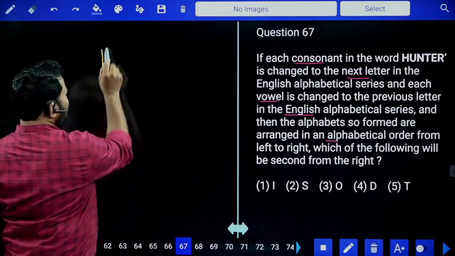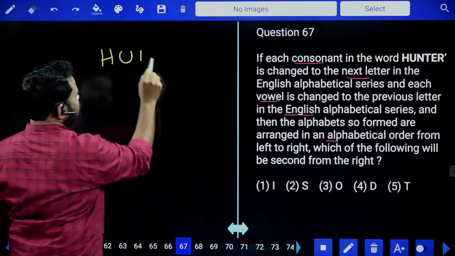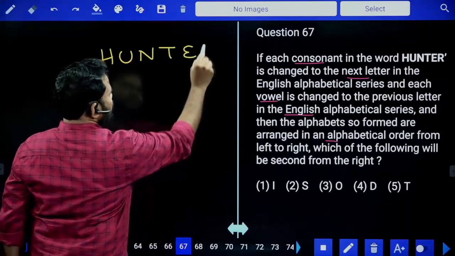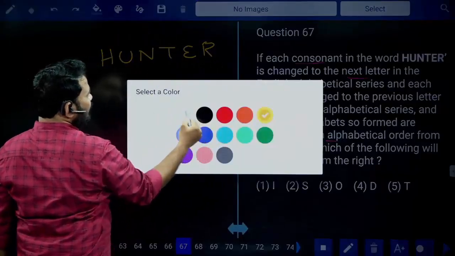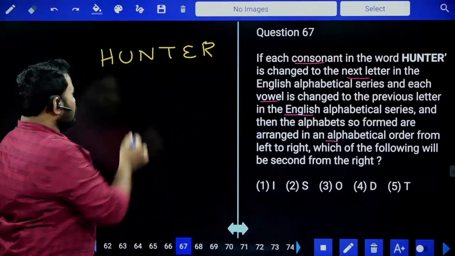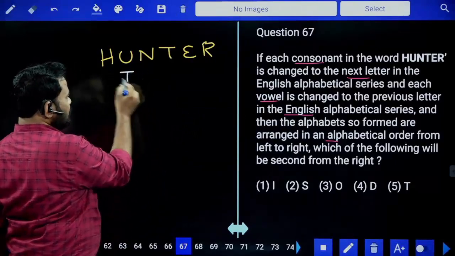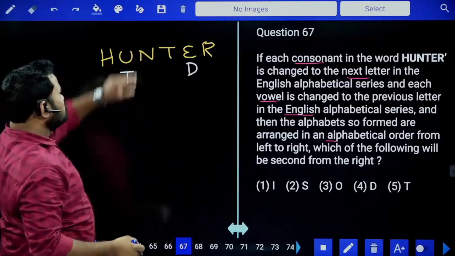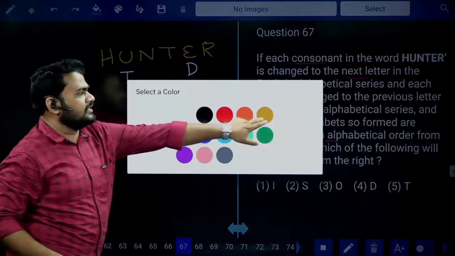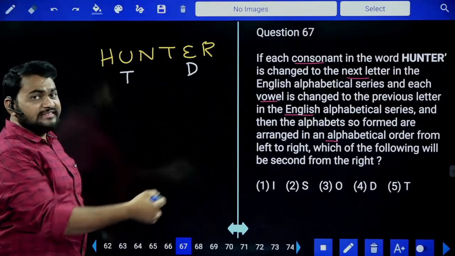So there is a word hunter. As per the data, first we need to change every vowel to its previous letter. Previous letter of U is T, previous letter of E is D. After changing vowels to the previous letters, consonants should be changed to their next letter.